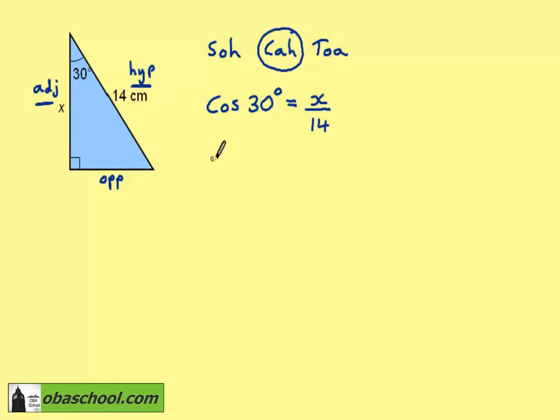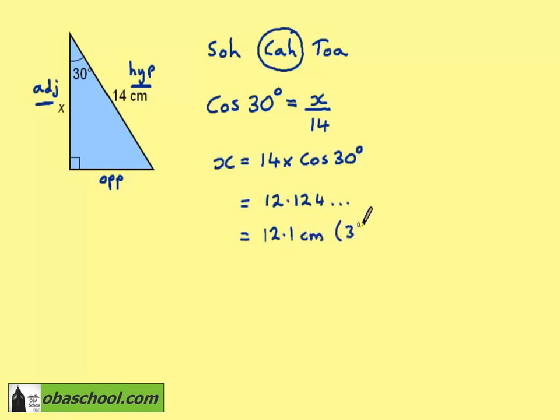Multiplying both sides by 14 gives x is equal to 14 times the cosine of 30 degrees, which is 12.124 and so on, which is 12.1 centimeters, correct to 3 significant figures.